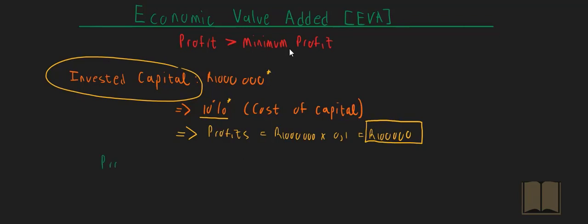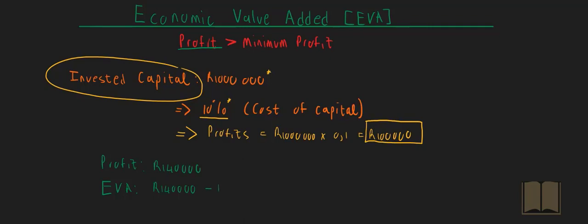But if instead the profit that you provide is 140,000 rand, that means that the economic value that you have added, remember what economic value is. It's the profit or the extra profit over and above the minimum profit. So the 140,000 rand is the profit that you've managed to achieve.